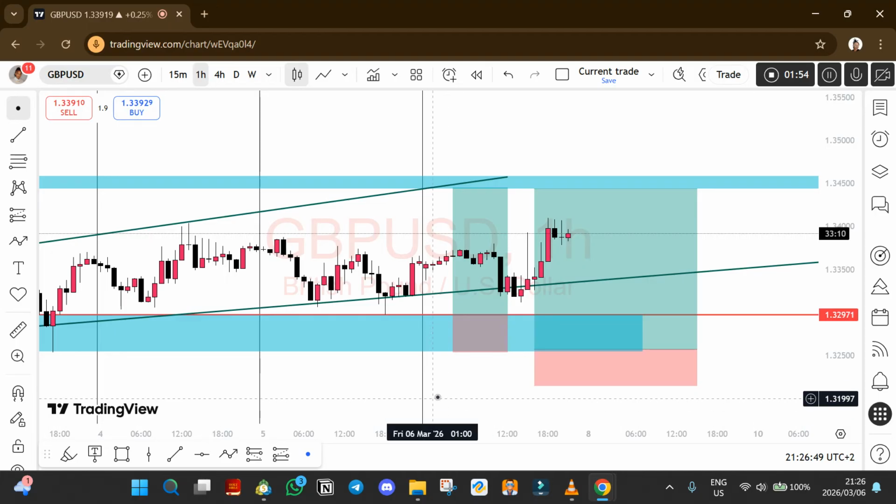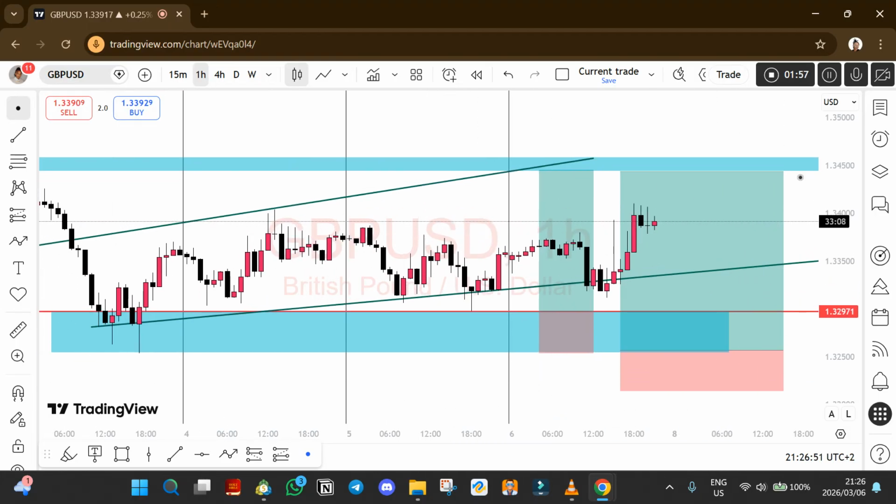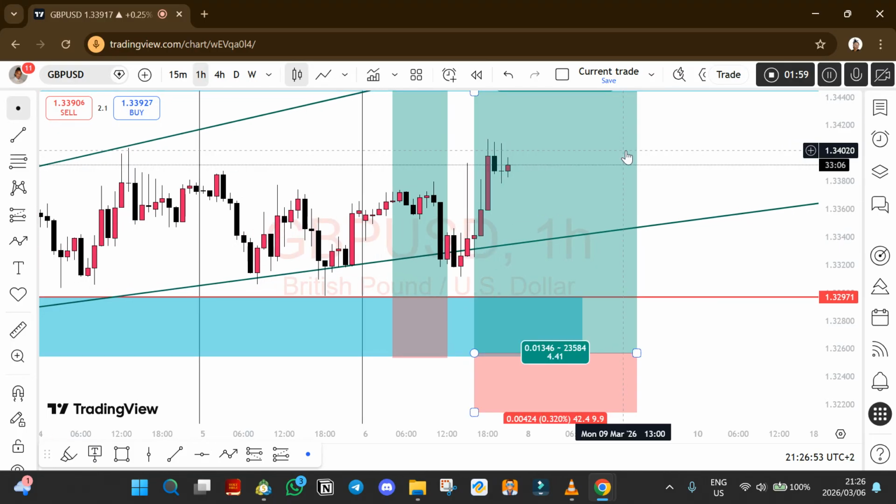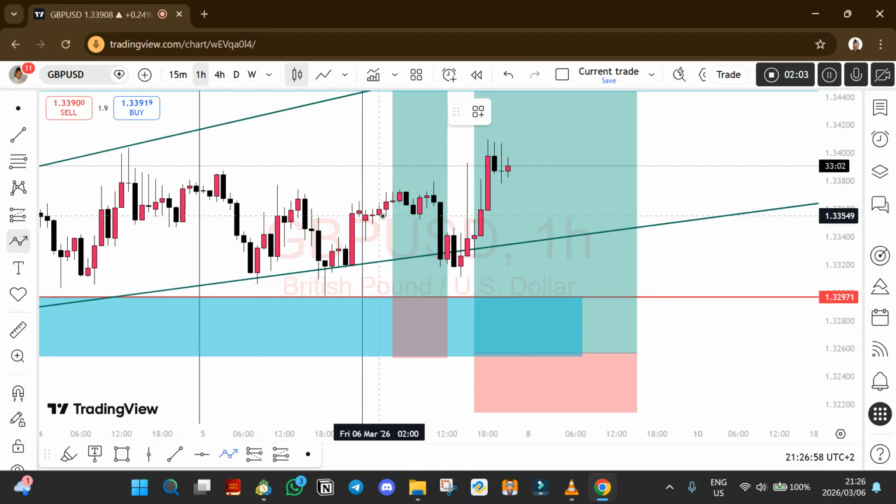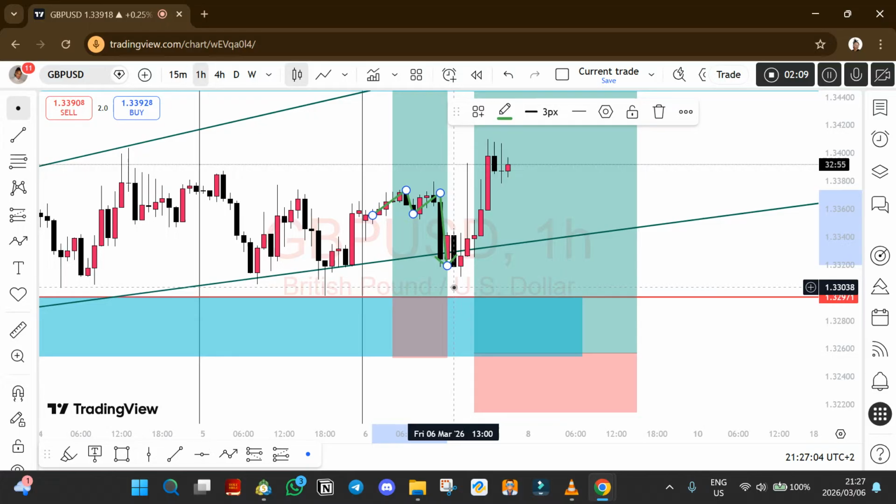We're going to start on the 1 hour chart. On the 1 hour chart, you can see over there that the market created a double top, which was valid for a downtrend.